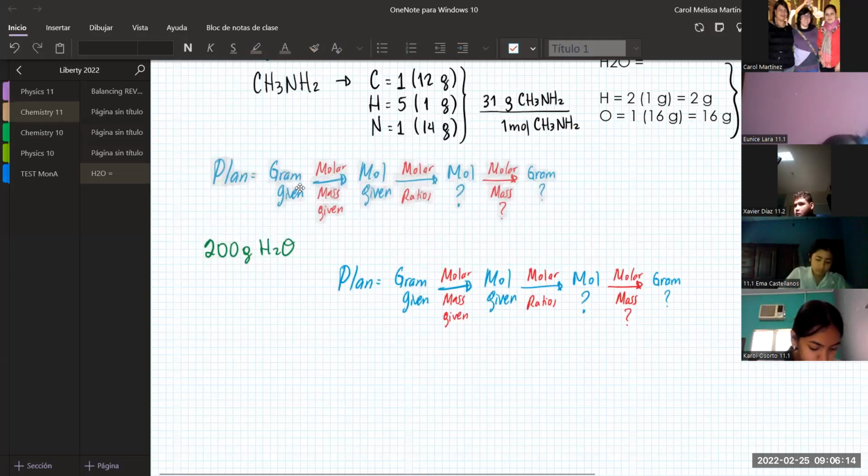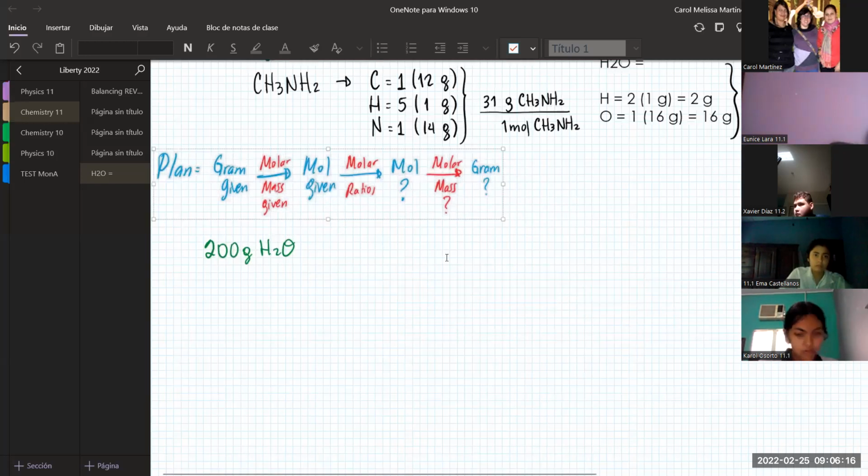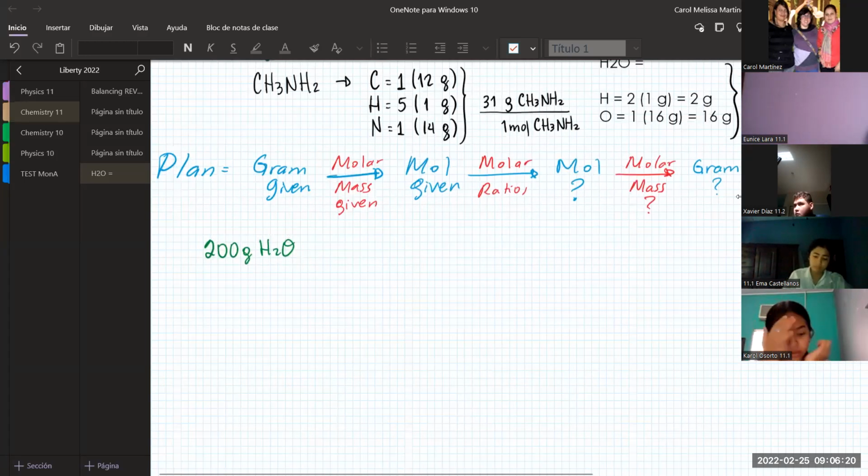Okay, so here's your plan. We start from grams given to moles given. I need to use the molar mass of the given.